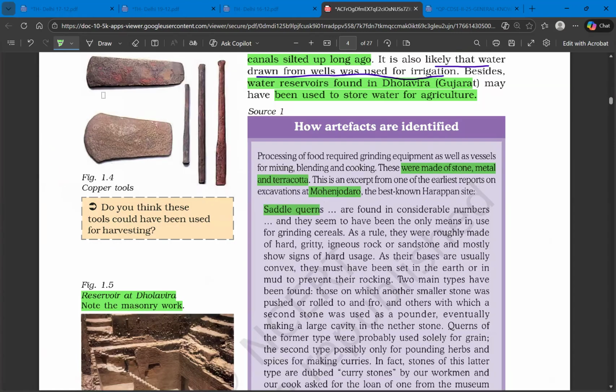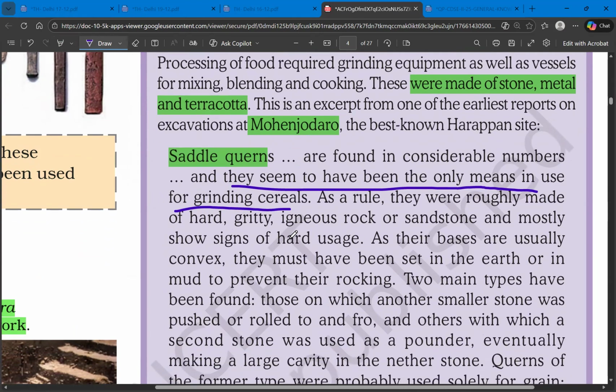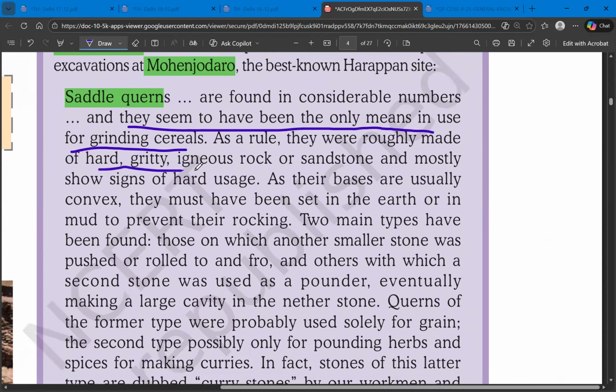Saddle querns are found in considerable numbers, and they seem to have been the only means in use for grinding cereals. As a rule, they were roughly made of hard, gritty igneous rocks or sandstone, and show signs of hard usage.